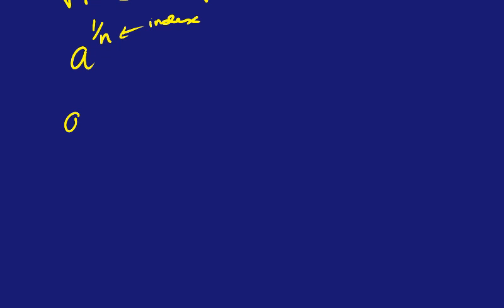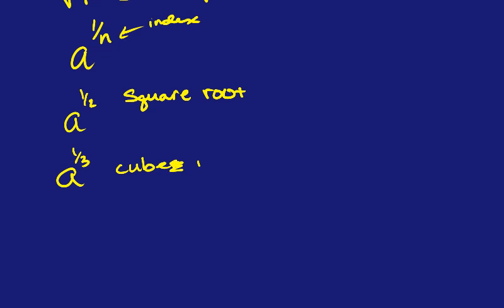So if you had a to the 1 over 2, that's the same as a square root, because the index is 2. So you'd have the square root of a. a to the 1/3 will be what we call a cube root, because the index is 3.